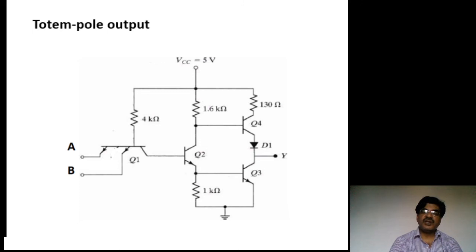To avoid that storage time, it is better to operate the transistor between cutoff and active, not in deep saturation. But with ordinary bipolar junction transistors it is not possible. That's why all these transistors are replaced by Schottky transistors, so that the speed can be improved.